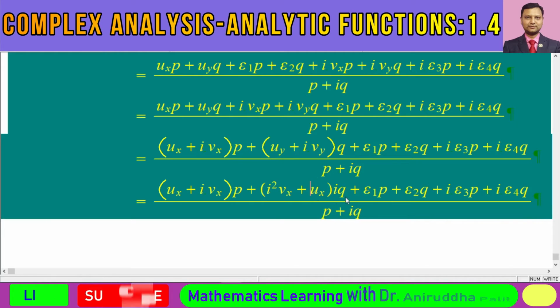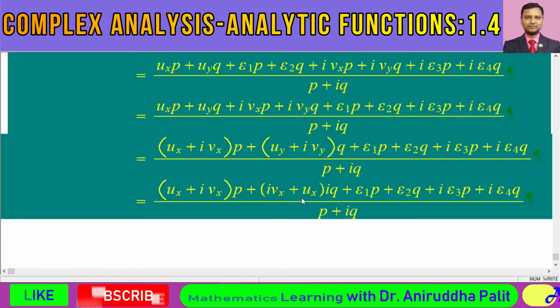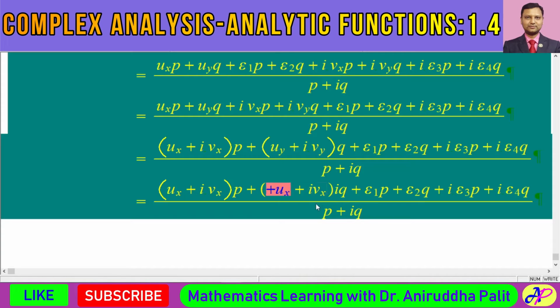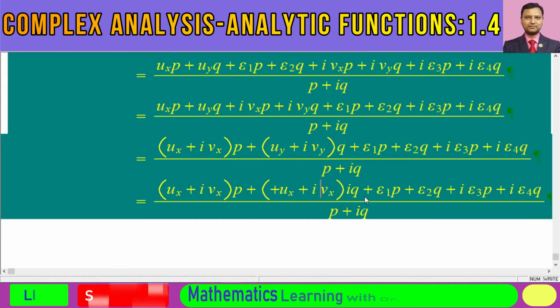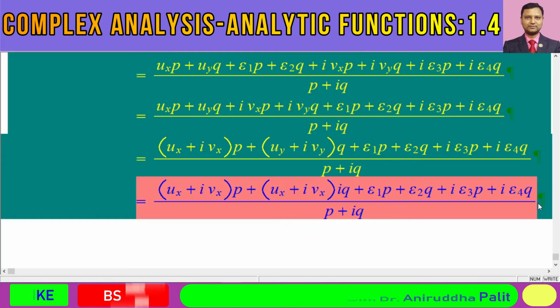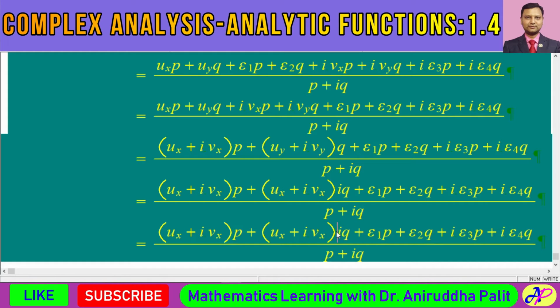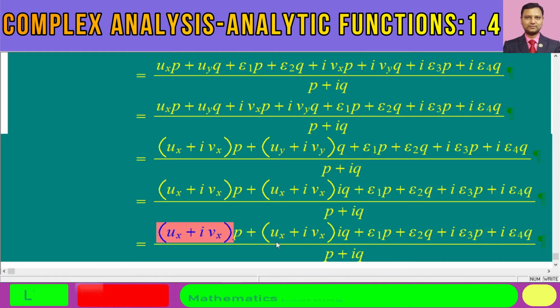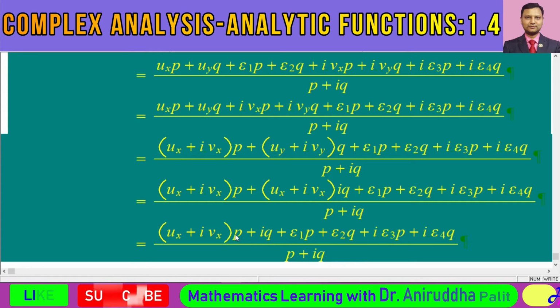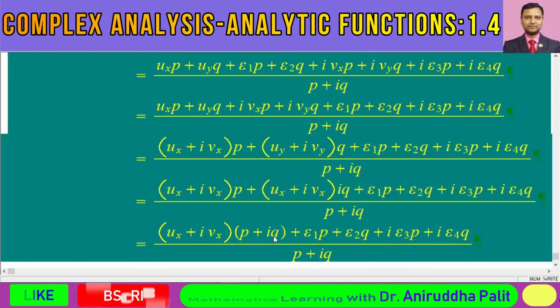So we shall have this kind of expression: ux plus i into vx. Therefore, in this next line, ux plus i into vx can be taken further common, and ultimately we will be able to write the entire expression in this fashion.